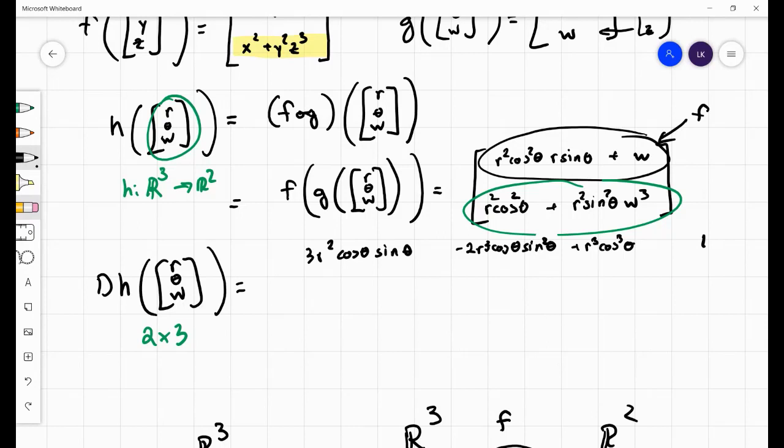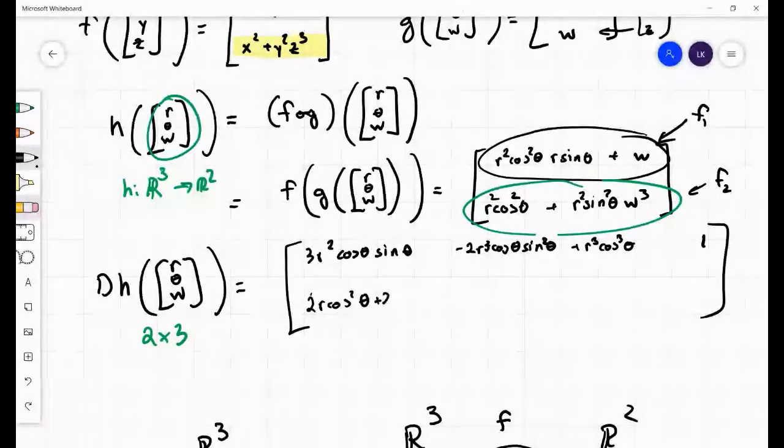And you do the same thing for the second component, differentiating the second component of the output with respect to r, theta, w, and you get something. I don't want to waste time doing this because I was going to try to make a point, but anyway, you get some other components here.